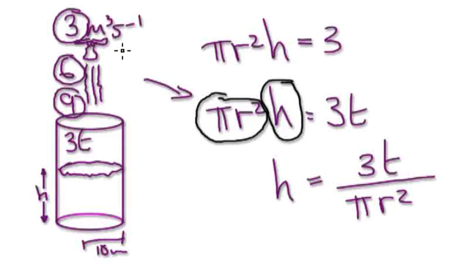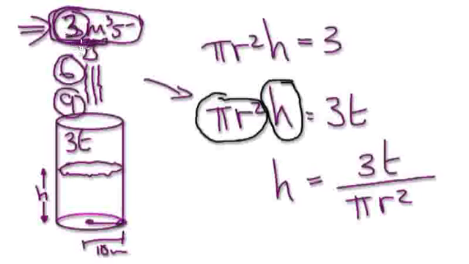Because in our situation, we've kept the radius the same. We kept the rate the same, whatever the rate is. We just kept this number 3. So we are only interested in the change in the time.